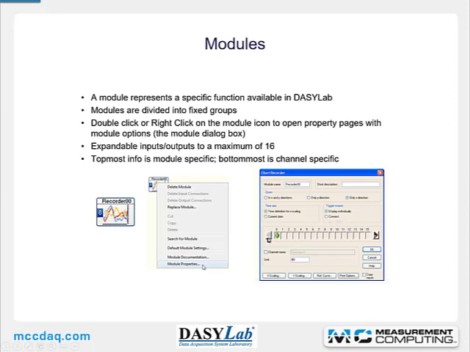The channel bar is the element that allows you to add channels to a function. They will always start with at least one channel, and if it allows you, you can go up to a maximum of 16 channels. There are no modules that have more than 16 channels.